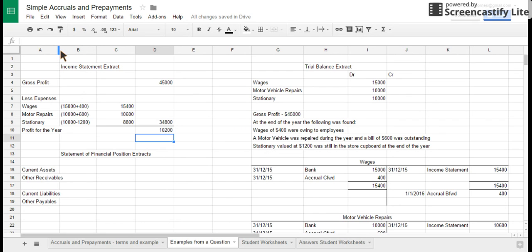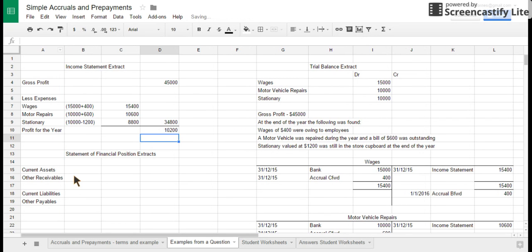In the statement of financial position, what's recorded is both other receivables and other payables. So other payables are going to be your accruals. I'll put a note down here, they're your accruals, because we owe the money. And we've got 2 accruals. So again, showing my workings, I've got 400 and also 600 that are accrued because my wages are owed and my motor vehicle repairs are owed.